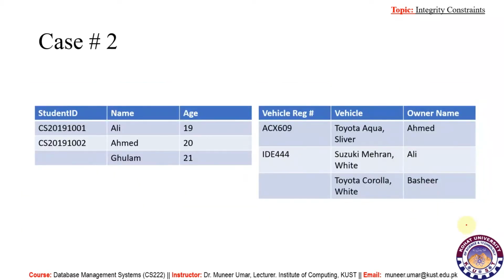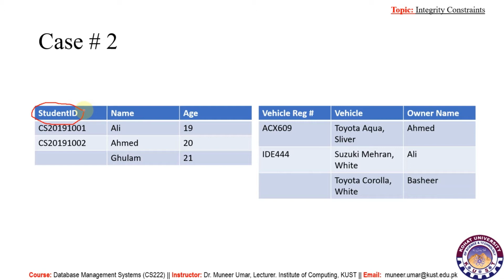Then case number 2. Here if we look into these two tables, the records in these tables are identified by some IDs or some key values. So for student we usually use student ID as a primary key to determine the records of students.